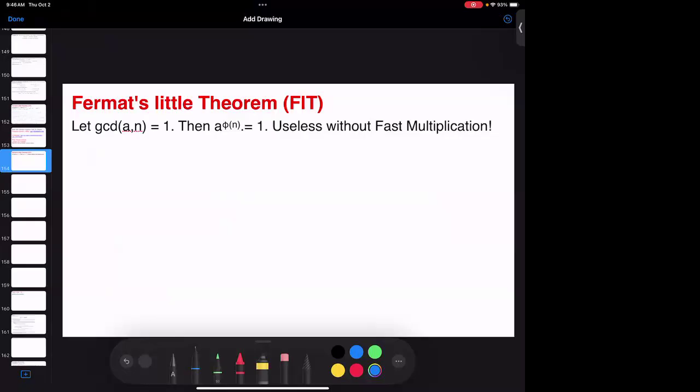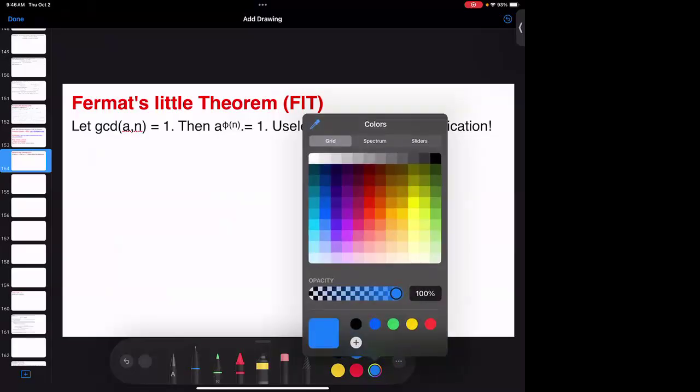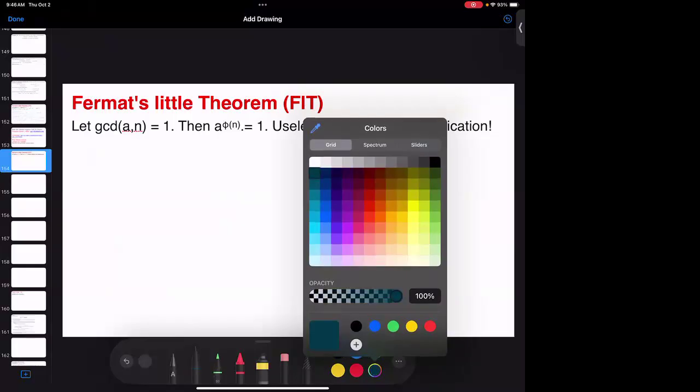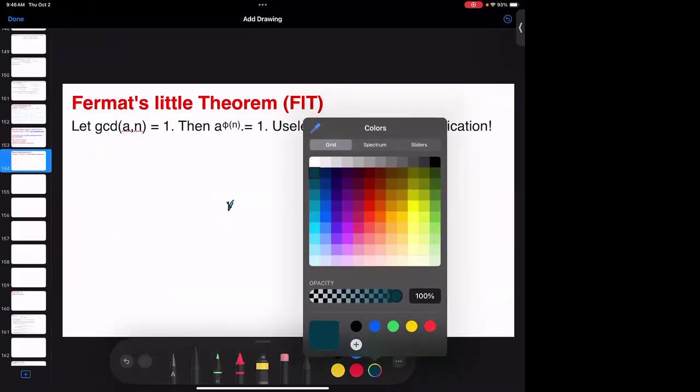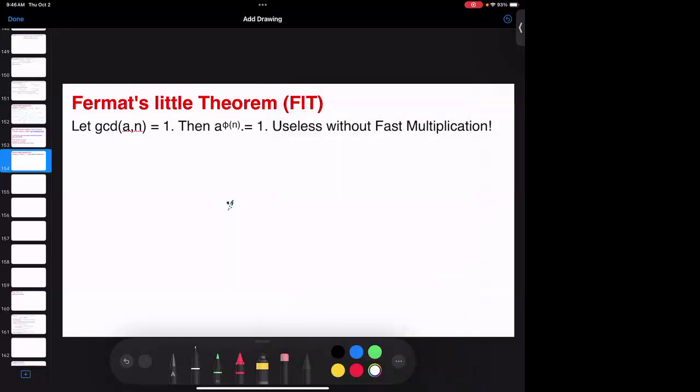Fermat's little theorem is that if a is relatively prime to n, then a raised to the phi of n equals 1. Typically it's not that hard to find a number that's relatively prime to n.